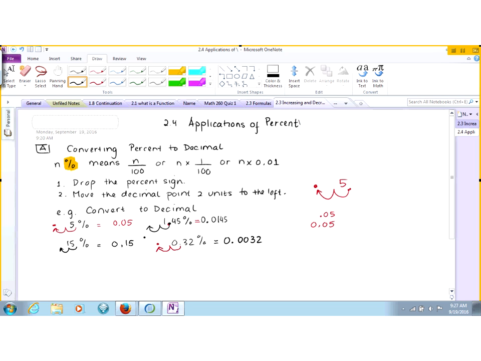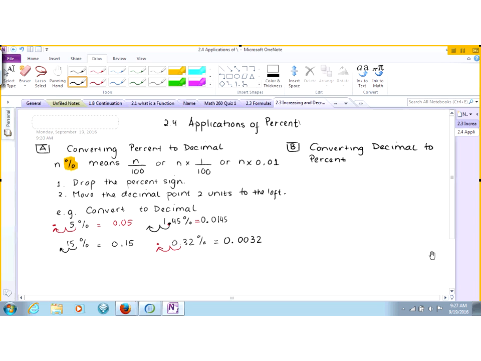Pretty simple, right? You just have to remember. Okay, B. How about if you convert to percent? You multiply by 100%. So B, converting decimal to percent.